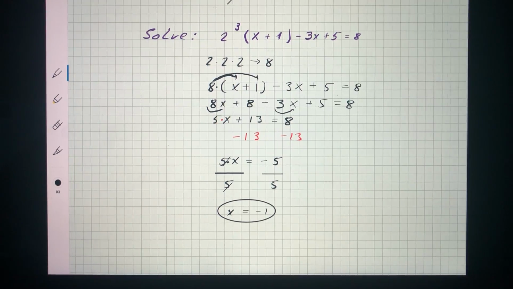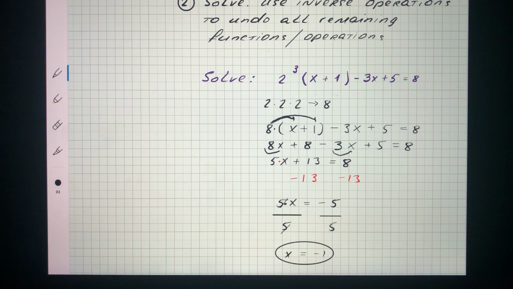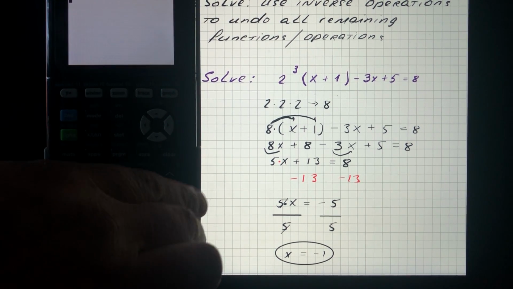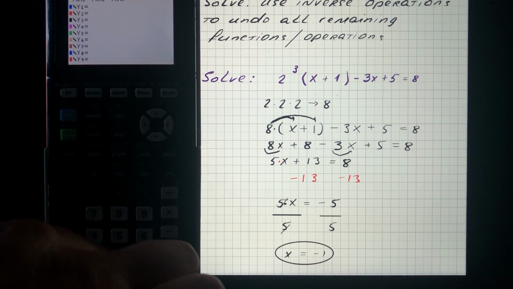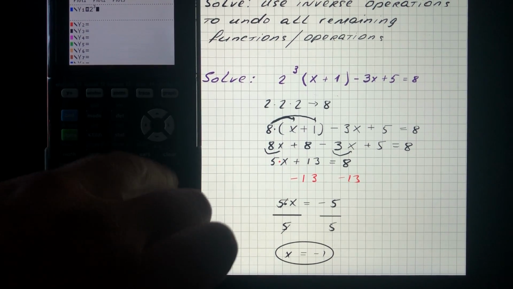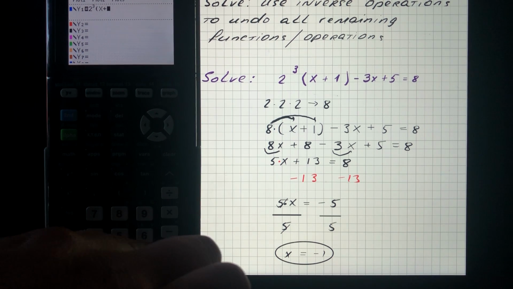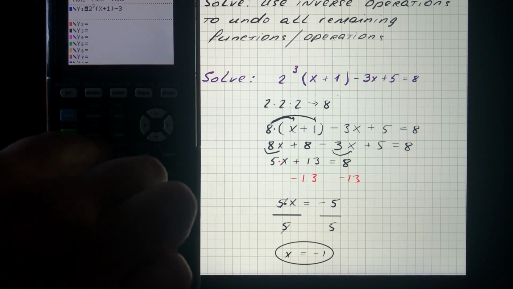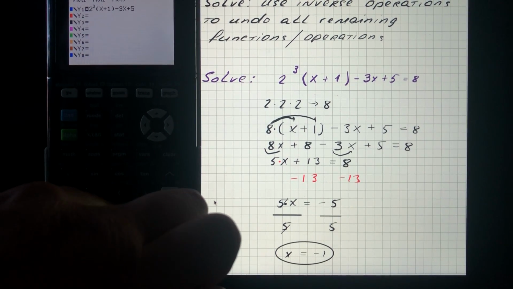We can also check our answer using the calculator. So let us do that. Here is the graphing calculator, and we will make a picture. The left side is going to be our first equation. So let's type it in: 2 to the power 3, and then we have x plus 1, and then minus 3x plus 5, and then the other side is 8.